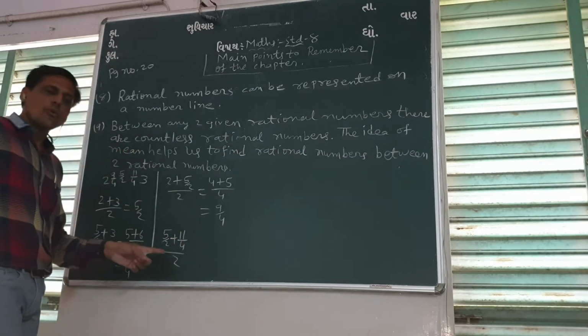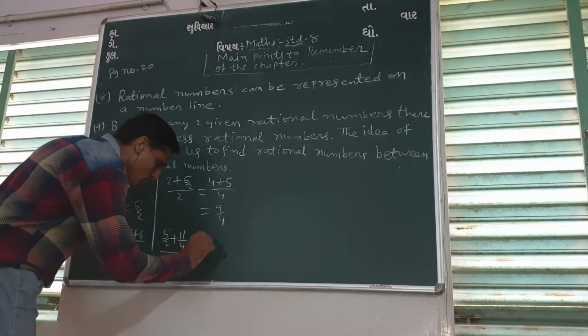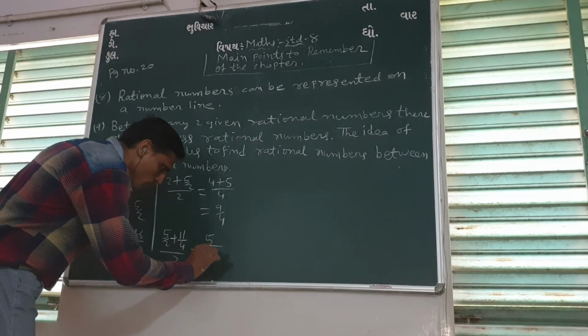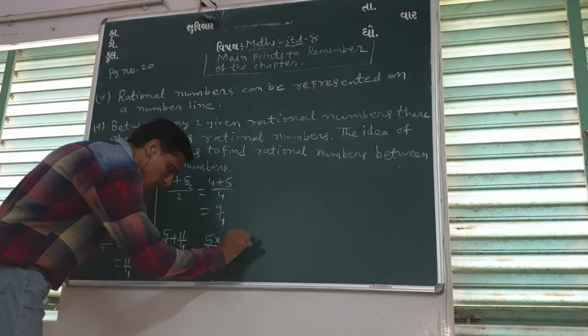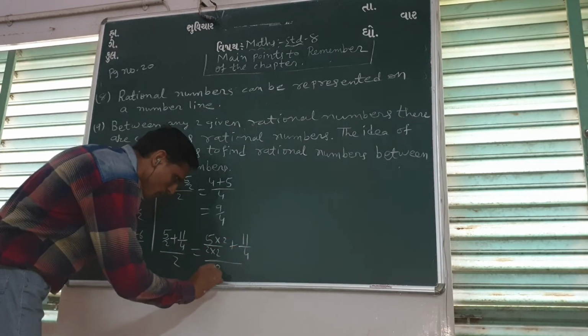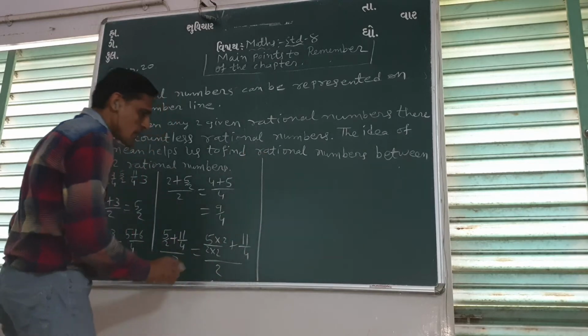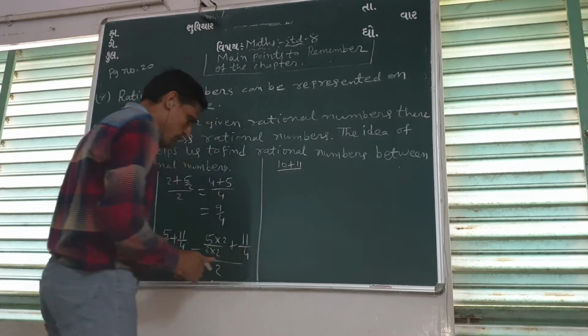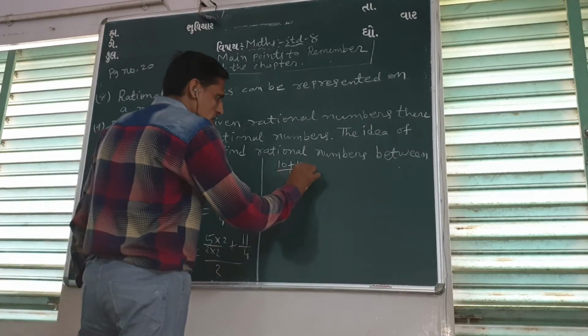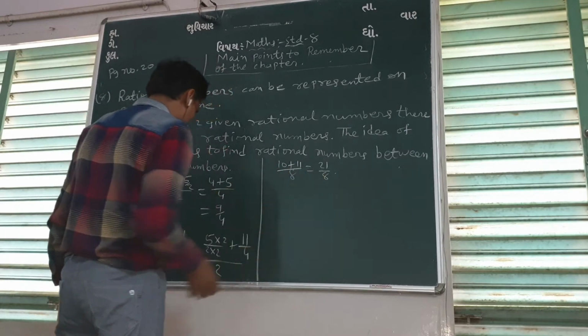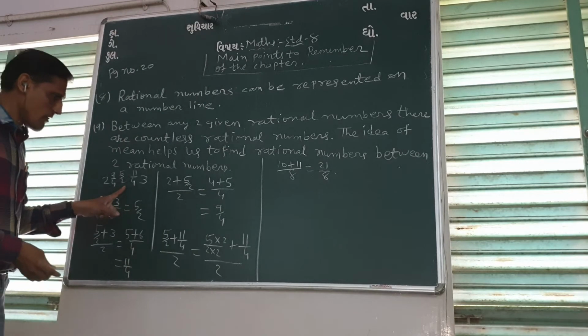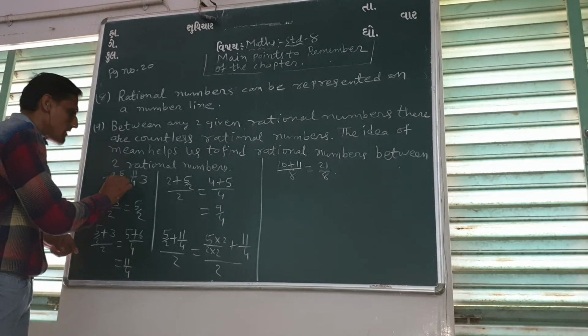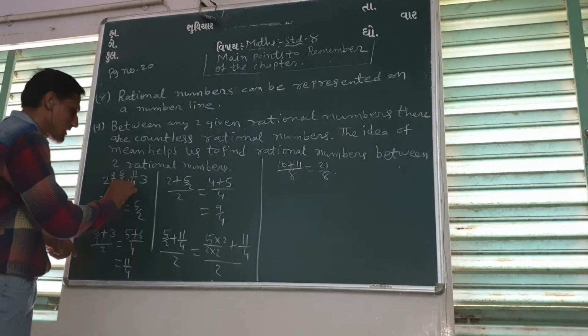Now LCM of 2 and 4 is what? 4. So 5 by 2 into 2 is 10, plus 11 by 4, to the 8. So 21 by 8, between 5 by 2 and 11 by 4. Here will be 21 by 8.